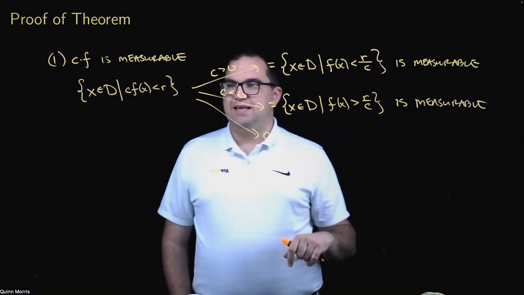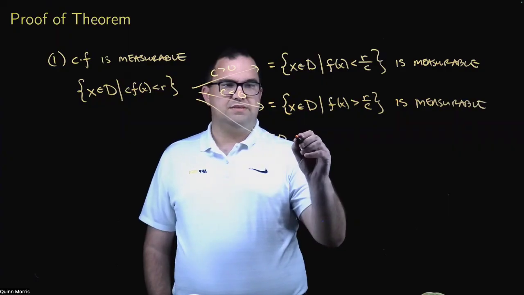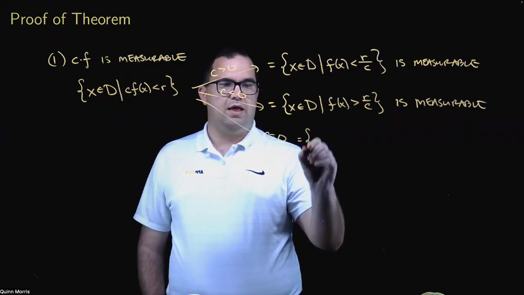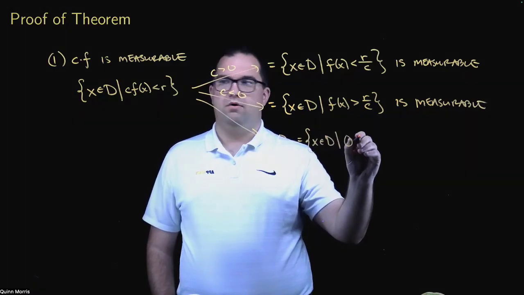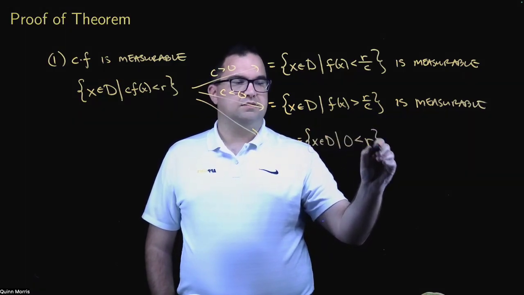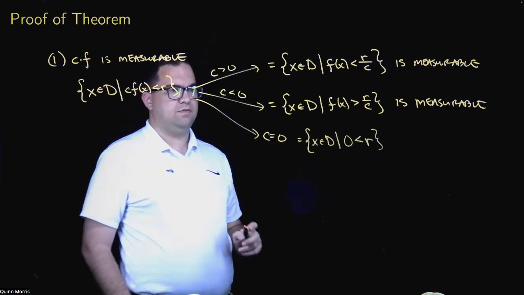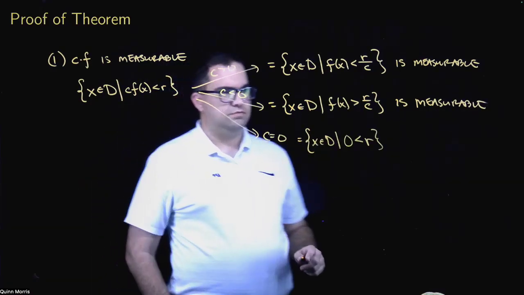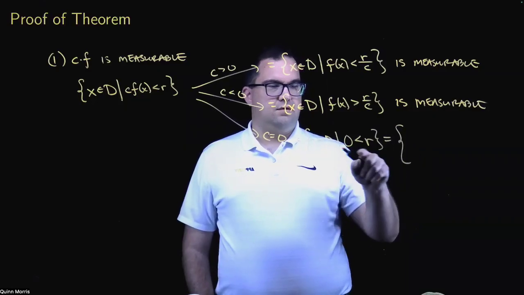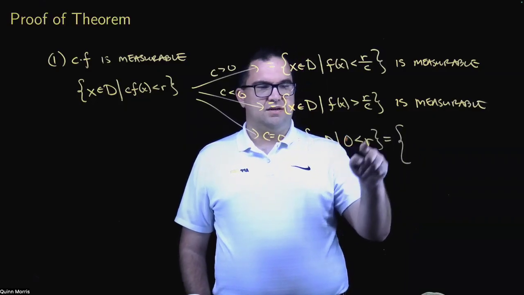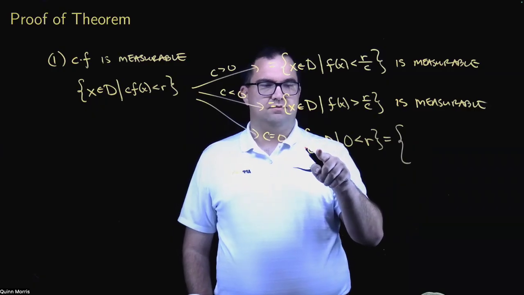If c is equal to 0, then what is this? Then this is the set of all x in D such that 0 is less than r. Well, this condition doesn't depend on x, right?